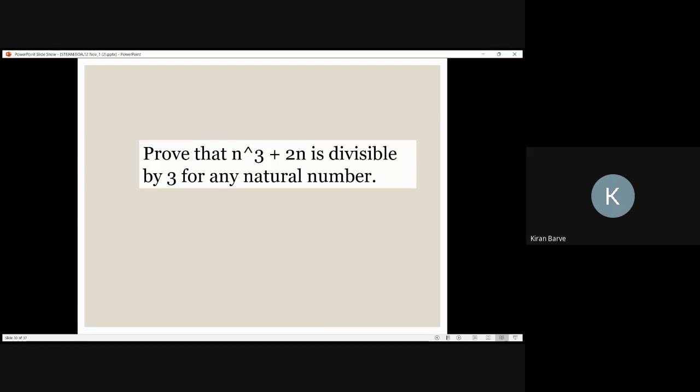That means you are telling me infinitely many statements. So 1 cube plus 2 times 1 is divisible by 3. 2 cube plus 2 times 2 is divisible by 3. I checked with 2 and 3, it is divisible by 3. But it may not be for 4.